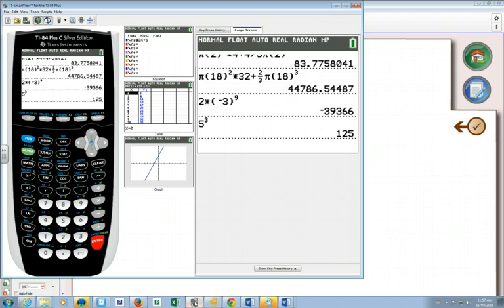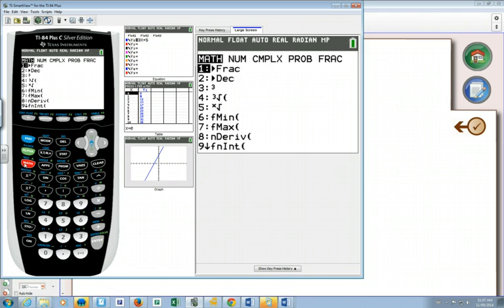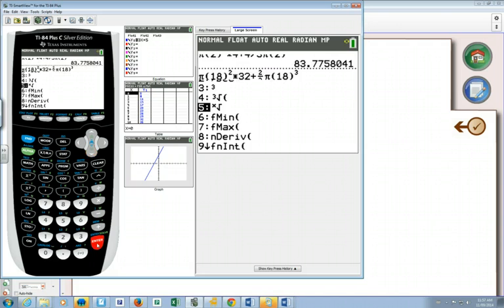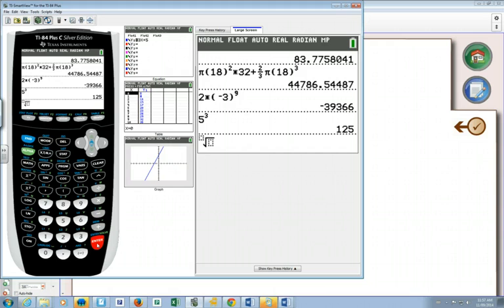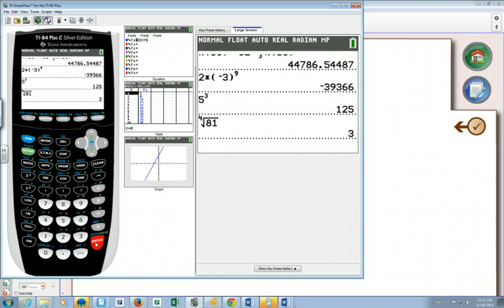Where's the math button? The math button has a few extra things. And the 5th one is xth root. Now on some calculators, when you push it, it gives you a space to write it. So mine, when I push it, allows me to write a 4th root in there, and then 81 to tell me that it's 3.